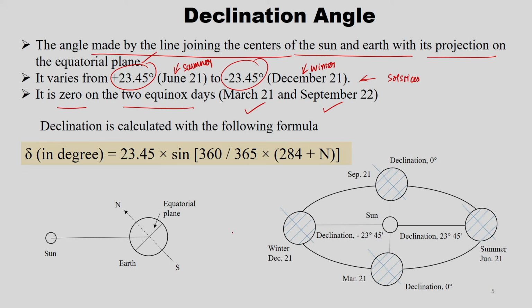The declination angle is calculated using this formula, which is 23.45 degrees times sine of 360 upon 365 times (284 plus n). Here n is the nth day of the year. For example, March 21st. In January we have 31 days and in February we have 28.